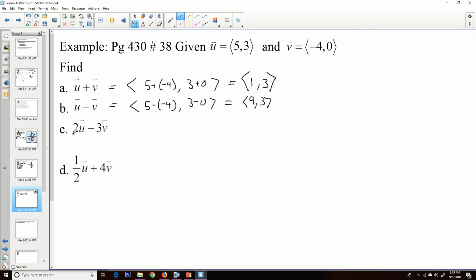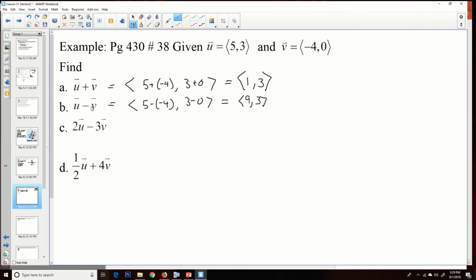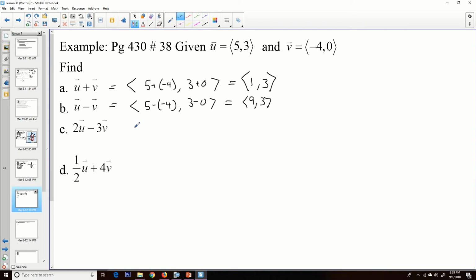We're good there. Here, we're asking me to do a subtraction again, but this time we have to do a scalar multiplication first. So I'm going to go 2 times 5, 3 minus 3 times negative 4, 0. So I've got to do that first.